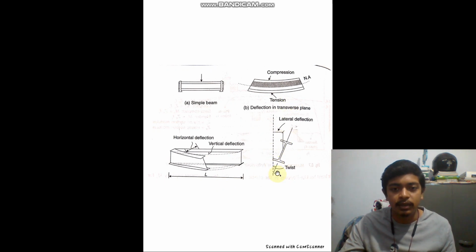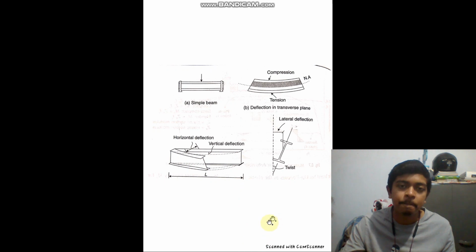In this case as well, lateral deflection may occur. So twisting may be there. So in many ways, since it's a steel member, the beam can buckle. If there is nothing to keep it in place, nothing to support it, then it will definitely buckle, right, about its major axis, that is the longitudinal one.